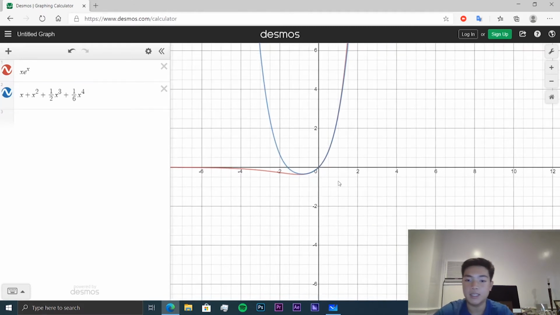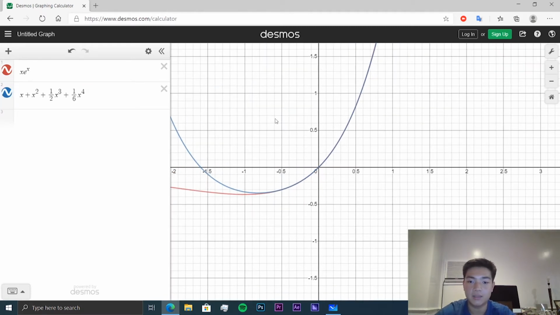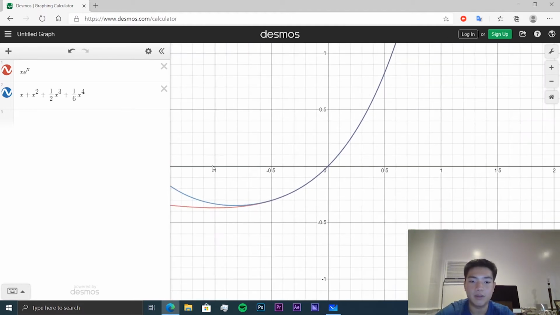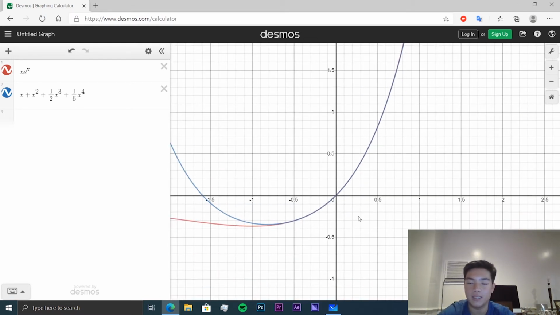And so as you can see, it approximates this function pretty accurately for the interval that we were given. So yeah, that's pretty nice. I mean, the interval's around 1 and negative 1 over here, and as you can see, it approximates it quite nicely.